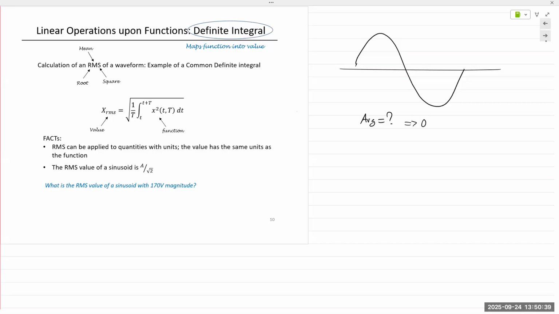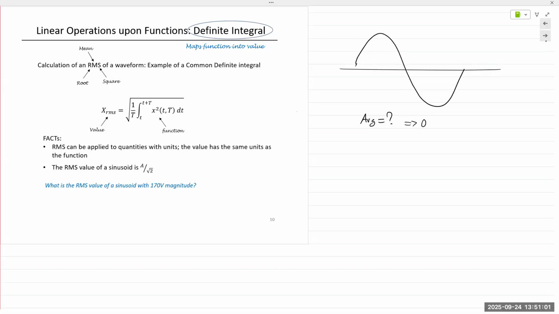So how can we accurately represent it in mathematical equations? We can't use the average value because it turns out to be zero. So what they decided was, instead of taking the average of this waveform, we will first square the waveform.